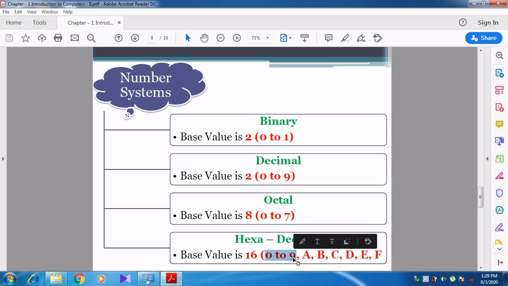So after 9, all the numbers are changed to alphabets.